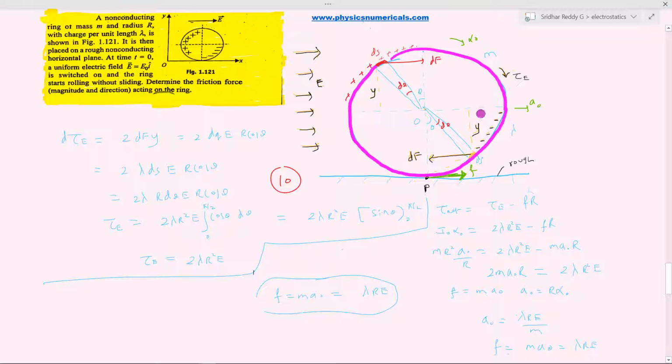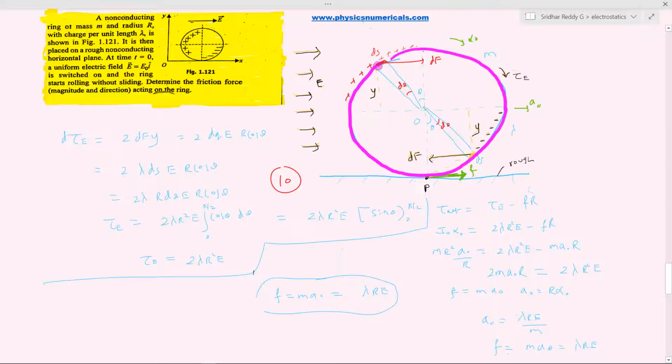Here the quarter circle is positively charged and the other quarter circle is negatively charged. I'll switch on a uniform electric field strength. Then it is asking to get the friction.